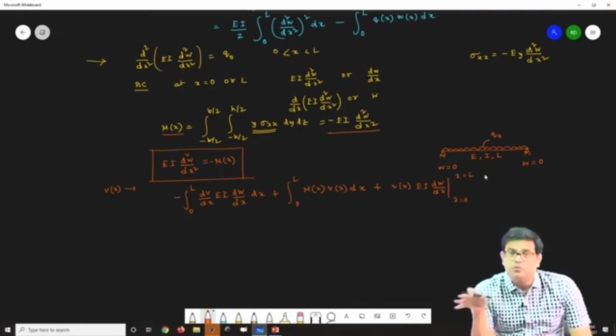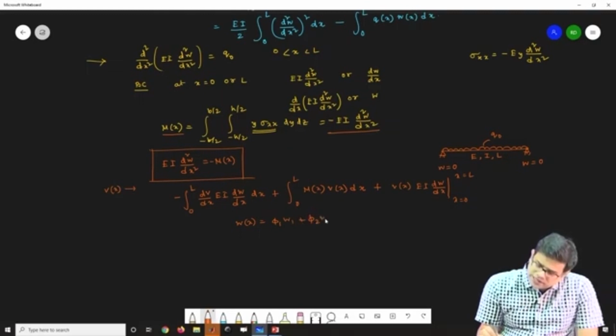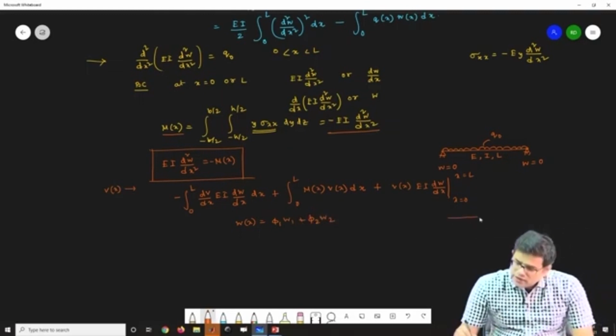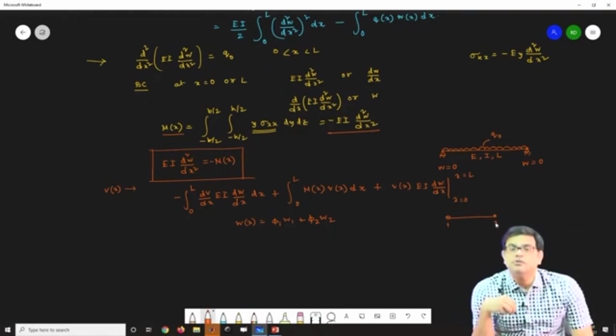discretize with respect to w, and then w of x can be simply phi 1 w1 and phi 2 w2, something like this we can use, and that is we use a two-noded linear element where only the vertical displacement is in the picture.